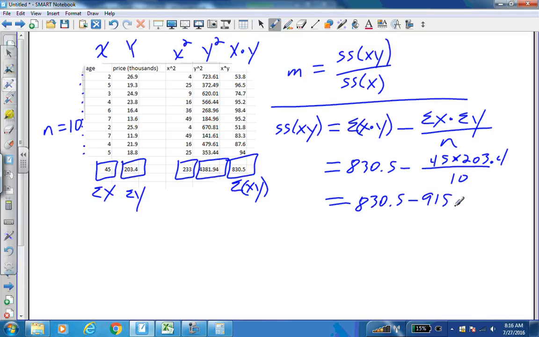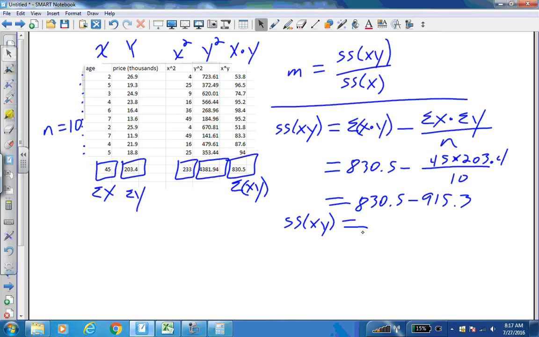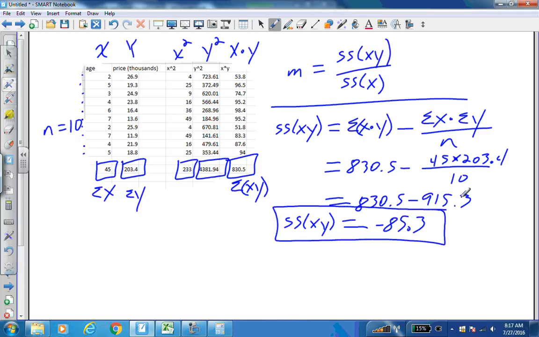So 830.5 minus 915.3 gives, for the sum of the squares of xy, negative 85.3.